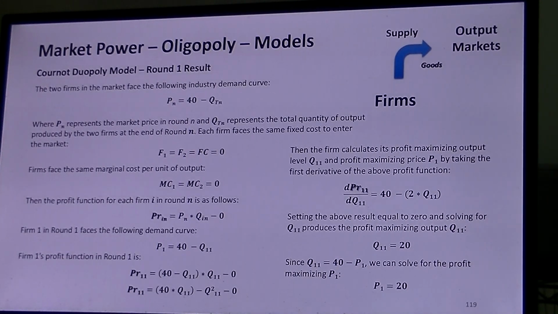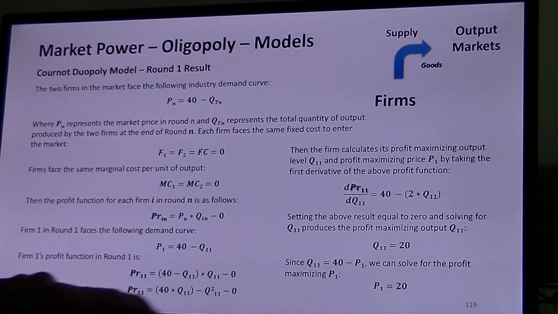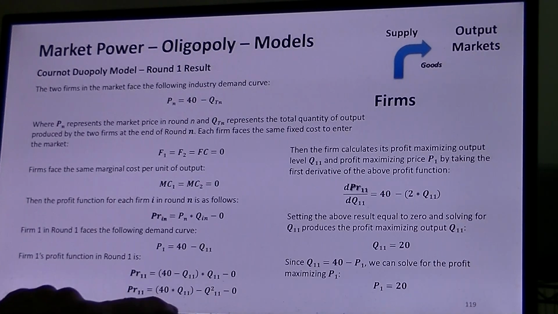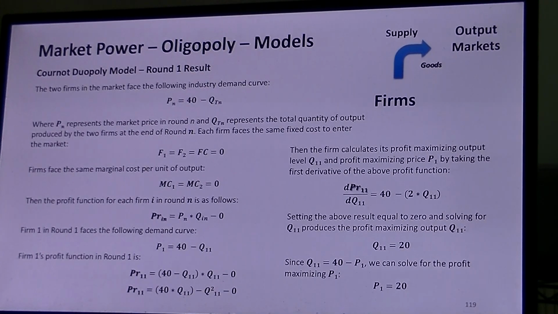If you have not had calculus yet, what we're looking at is how the profit changes with the change in the output, the quantity of the good produced. So we calculate the first derivative of that profit function, which tells us the change in the profit with the change in the quantity of output, and then we set it equal to 0.